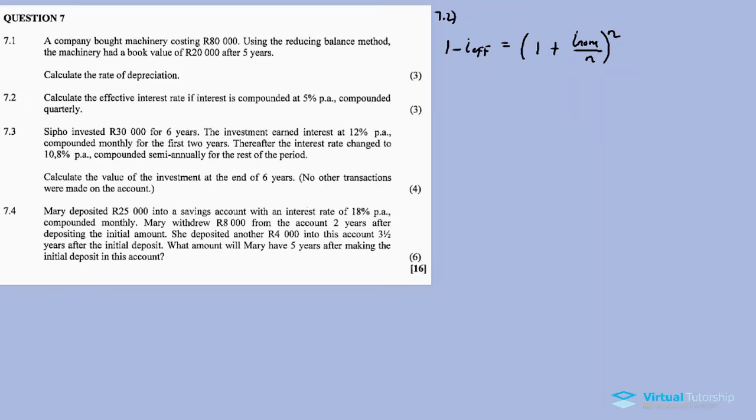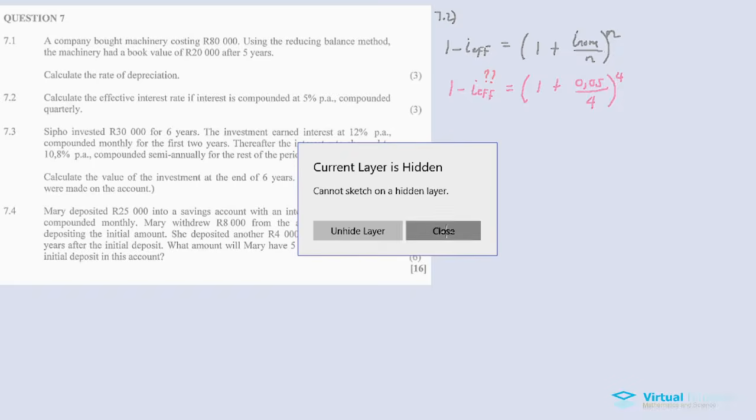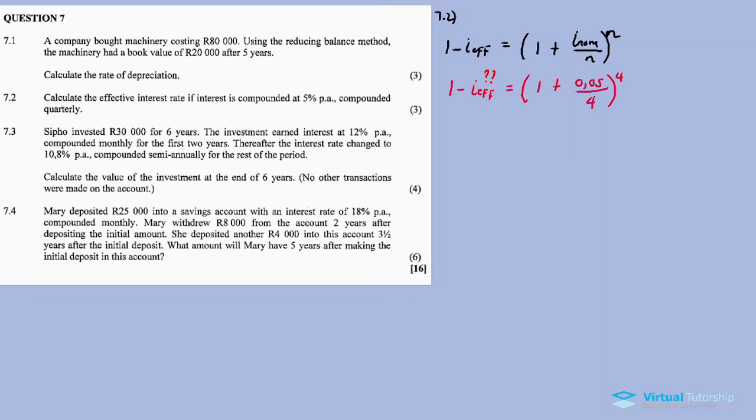Let us substitute again. We want the effective interest rate, the i effective. This is the nominal. The nominal is given as 5%. So it's 0.05 divided by 4 because it's quarterly, and then raised to exponent 4. So this value of n is equal to this value of n.